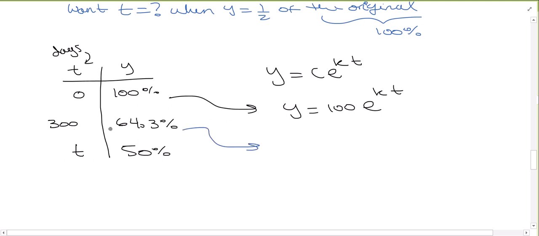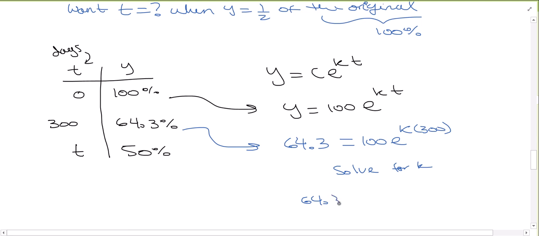After 300 days, we have 64.3% remaining. You don't have to change the percentages to decimals; you can just leave them, knowing that the units here will be percent. So 64.3 equals 100 e to the kt, when t is 300. So it will be k times 300, and then solve for k.